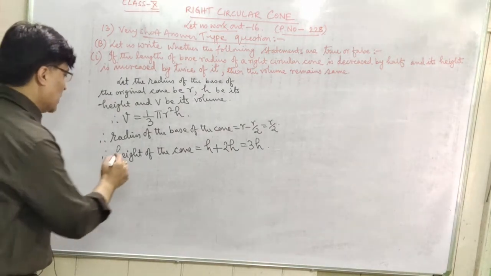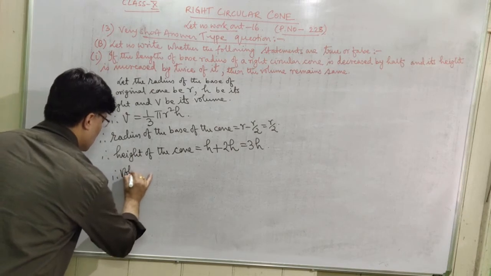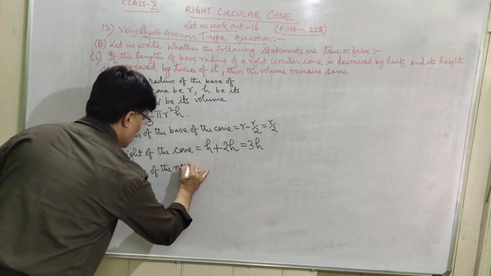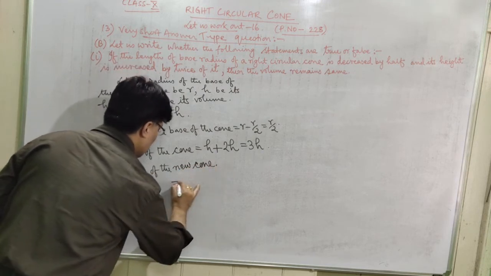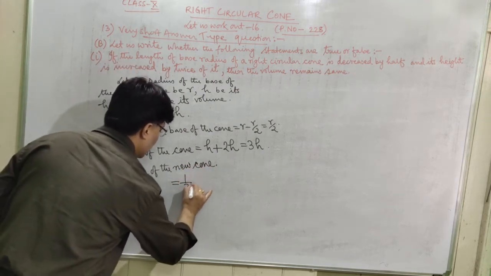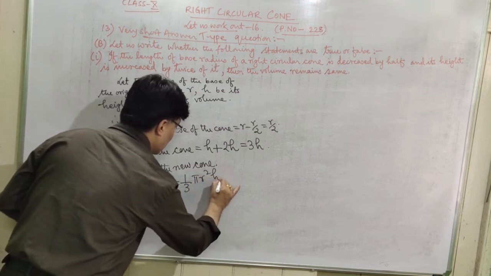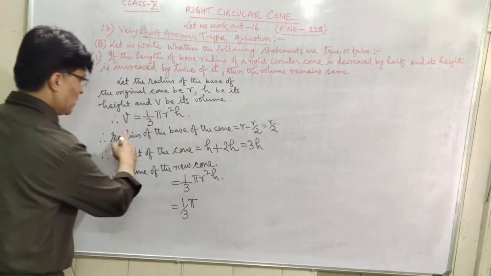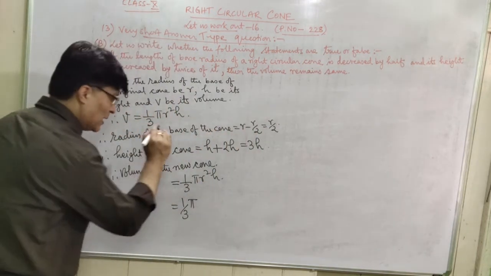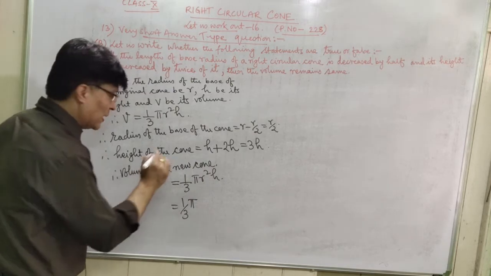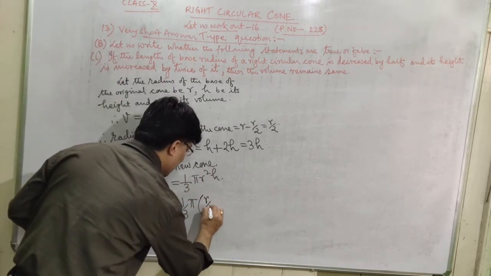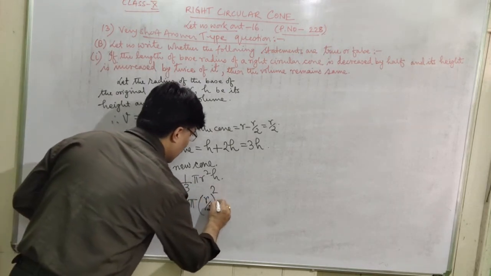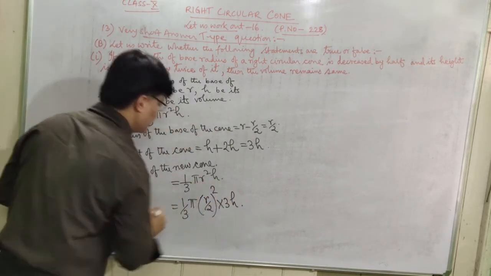Okay, so now what is the volume of the new cone? First write the formula, 1/3 pi r square h, which is equal to 1/3 pi. Radius of the base of the cone will be half of the original radius, that is r by 2 whole square, into 3h.